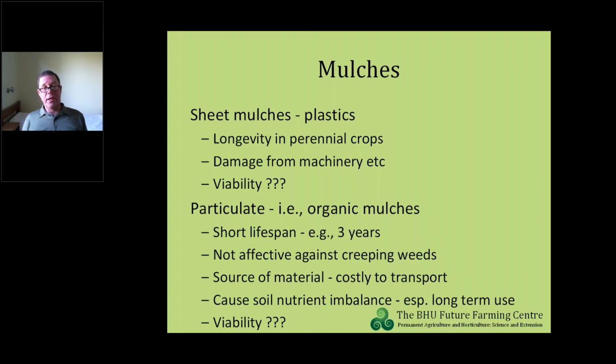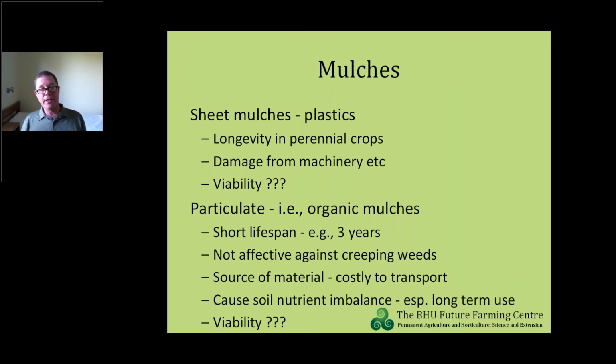And then we look at particulate organic mulches in particular, things like straw or compost or bark or whatever. Even the really woody stuff doesn't actually have a very long lifespan, so you're constantly topping it up. They're an ideal place for perennial weeds like couch to get in and establish themselves. They're completely useless against creeping weeds. And particularly with having to replace this stuff on a regular basis, you need a good source of this.